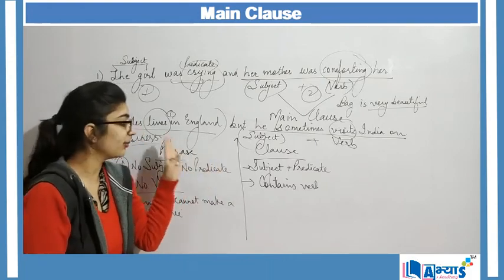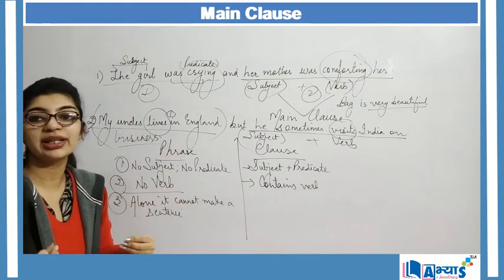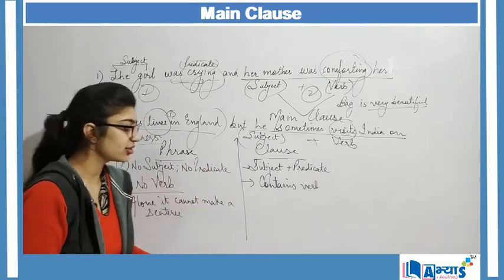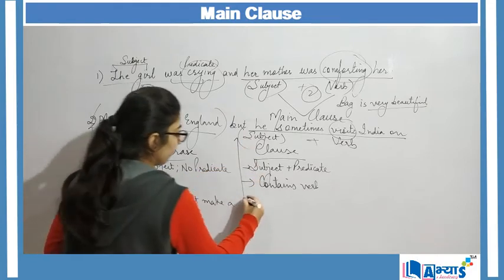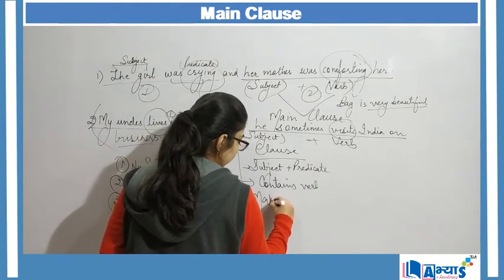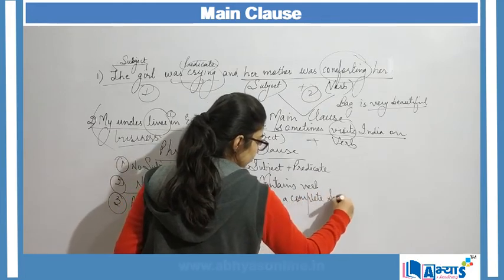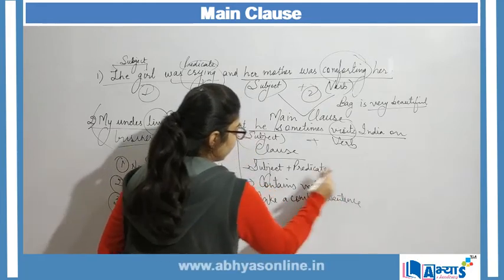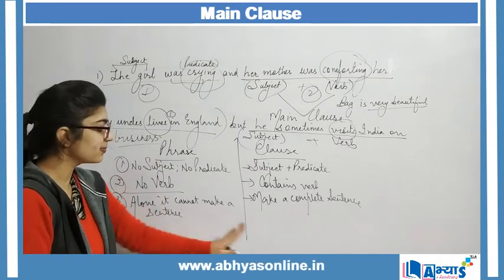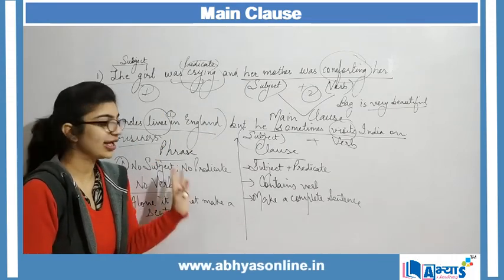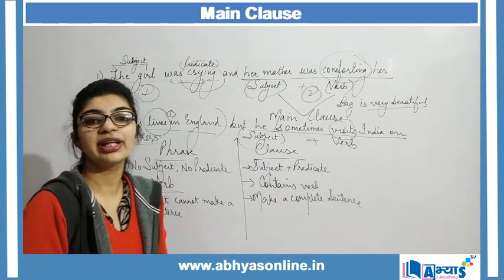And my clause is also making a complete sentence. So a clause can make a complete sentence. So if we keep in mind the differences between phrases and clauses, we will never get confused between the two.